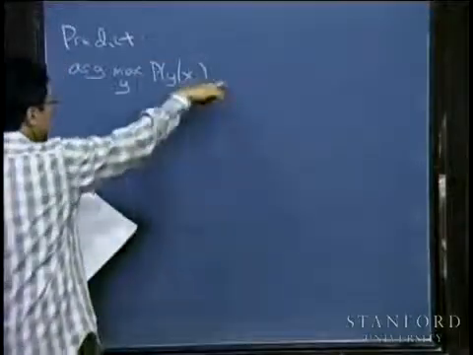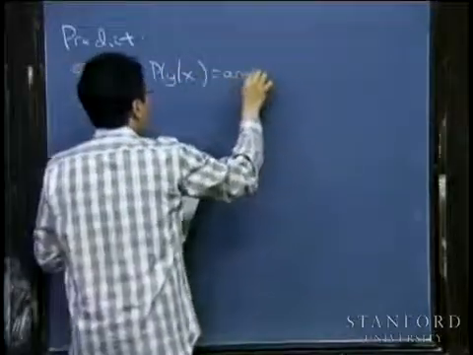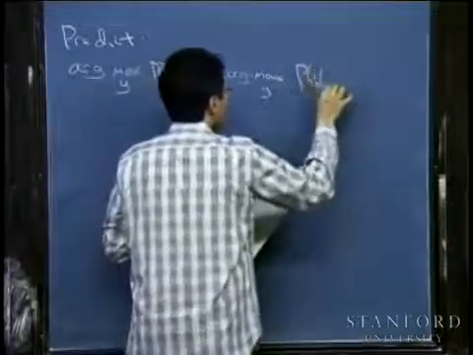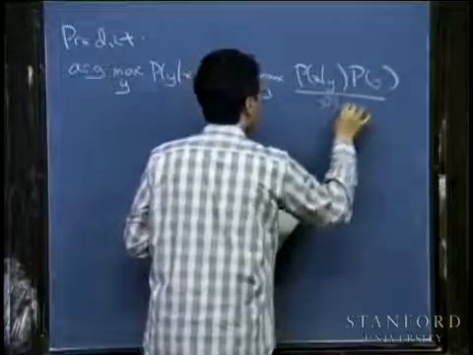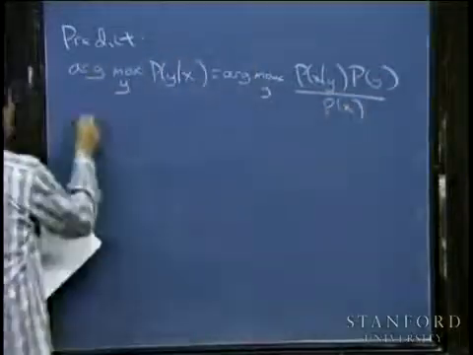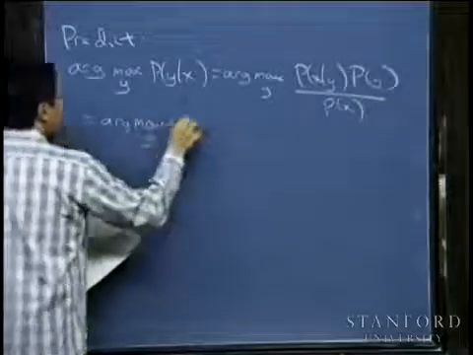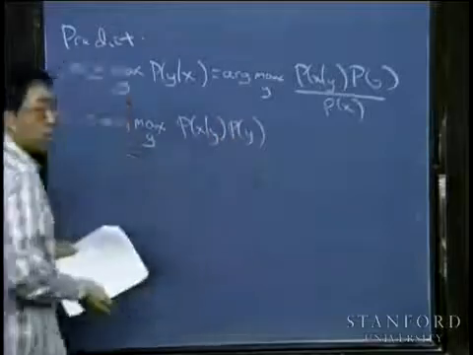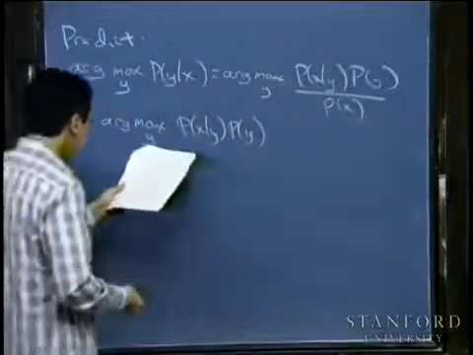I should write semicolon the parameters there, but I'll skip that. Which is the argmax over y, by Bayes' rule, of this, because the denominator p of x doesn't depend on y.